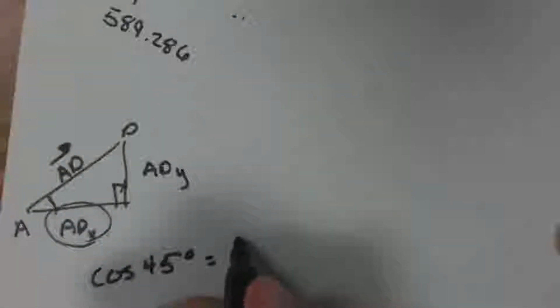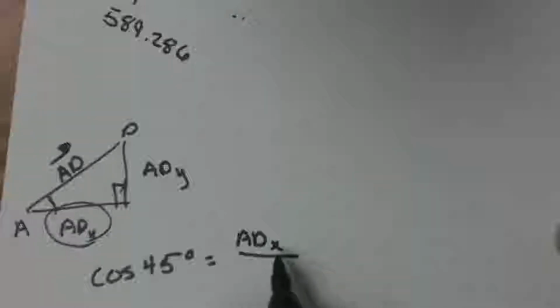Cosine is going to let me do that. Cosine of my angle, which is 45 degrees, is going to equal adjacent over hypotenuse, so AD in my x-axis, so the AD vector, but just the x component of it, over my regular vector.